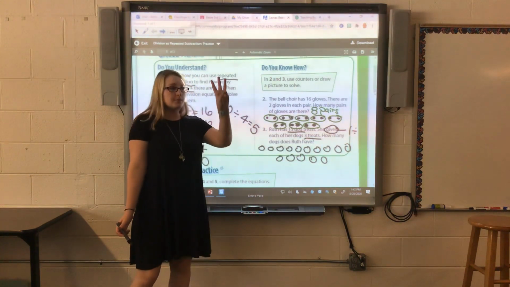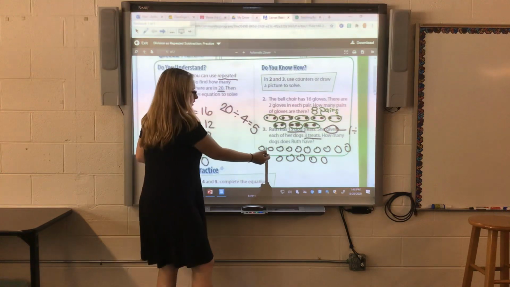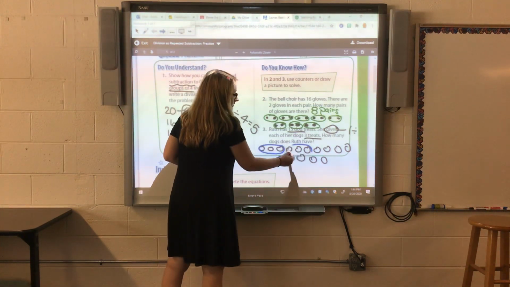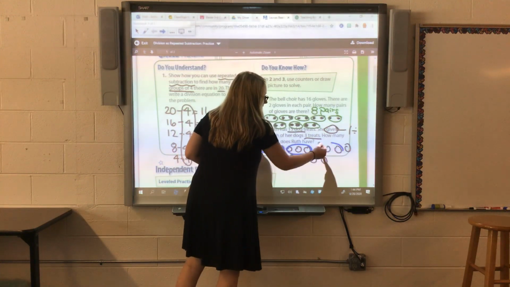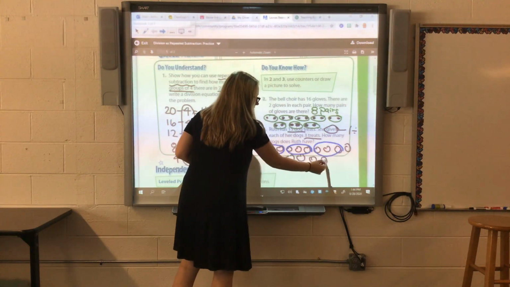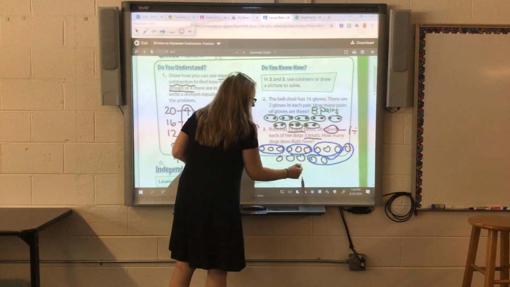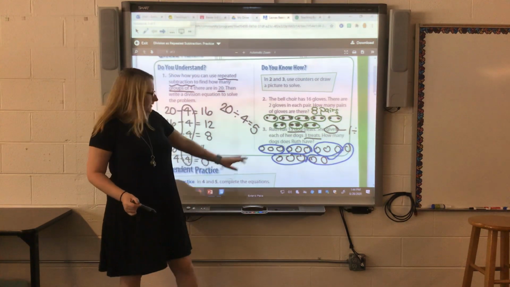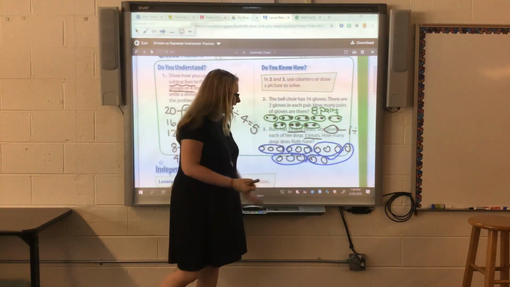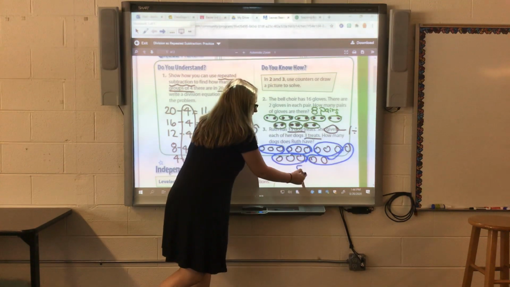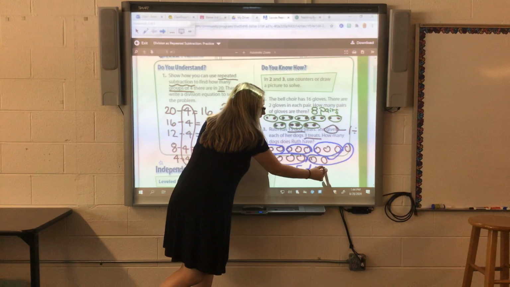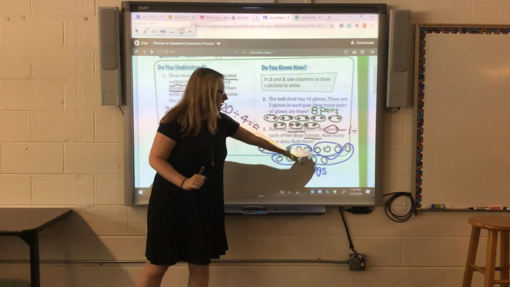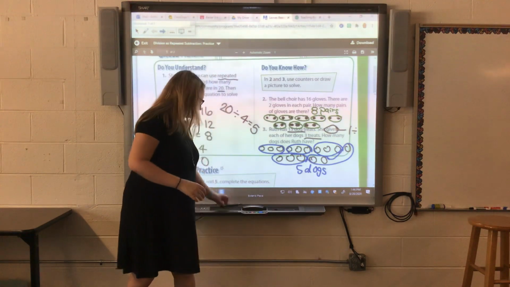So I'm going to circle groups of 3. 1, 2, 3, 1, 2, 3, 1, 2, 3, 1, 2, 3. Then I count up how many groups I have. 1, 2, 3, 4, 5. So that means she has 5 dogs. Since each dog gets 3, we know that Ruth has 5 dogs.